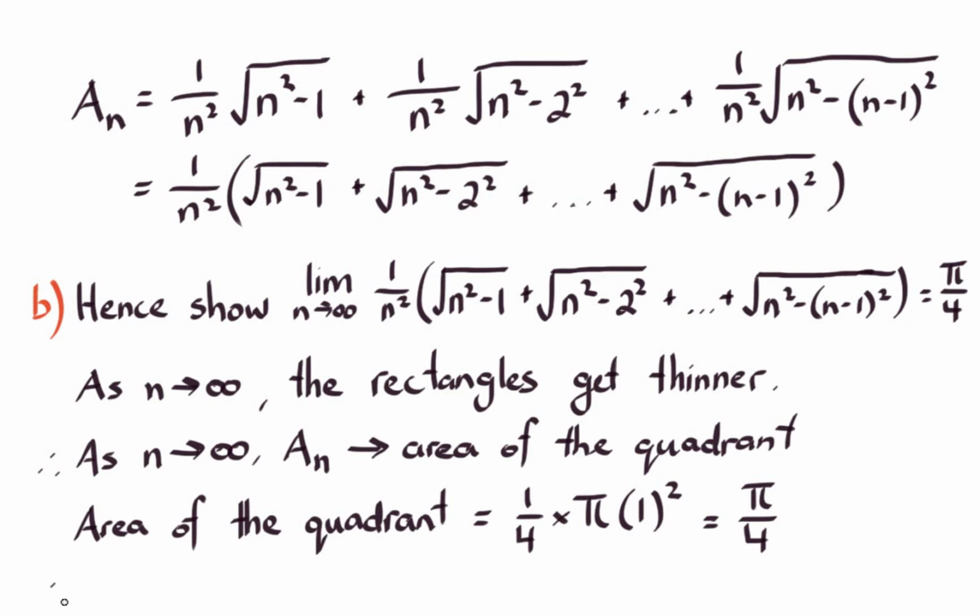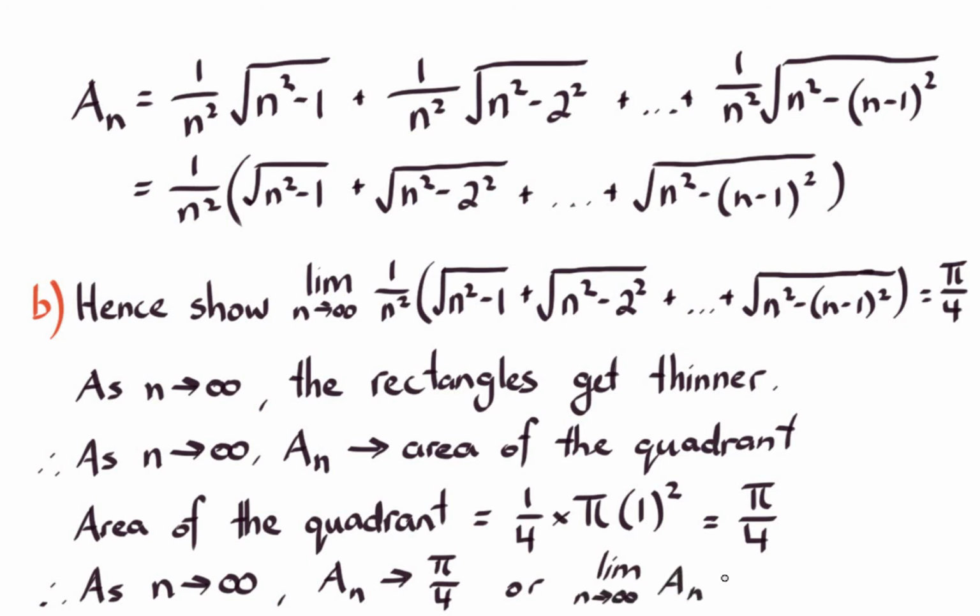And so therefore, as n approaches infinity, the area of all of our rectangles, right, approaches pi on 4. Or we could say the limit as n approaches infinity of a_n is pi on 4.